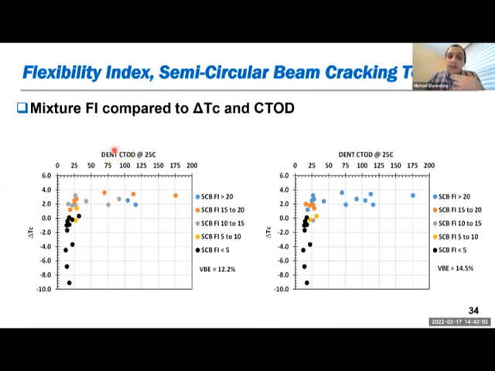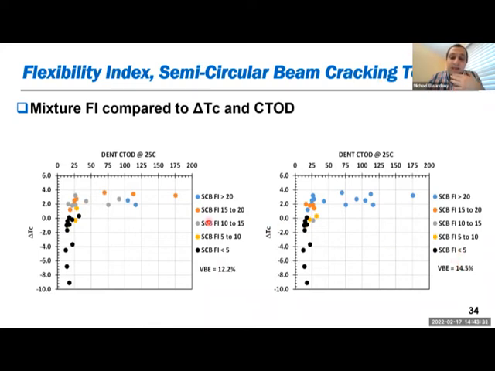Okay, so that's the strain tolerance at 25C and delta TC. Those are the exact same binders. The difference between the left-hand side and right-hand side plots is that those two mixtures have different effective binder content. So the left-hand side has 12.2% effective binder content, the VPE, and then the VPE for the right-hand side is 14.5.